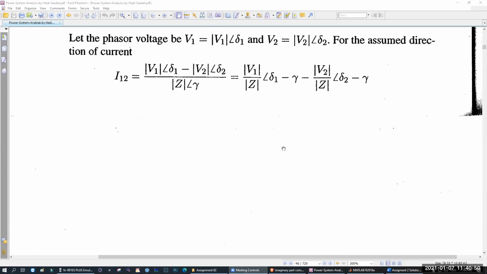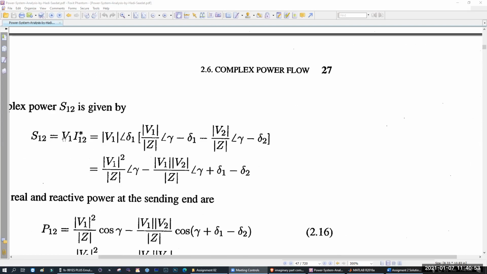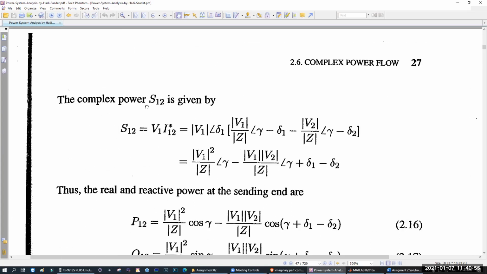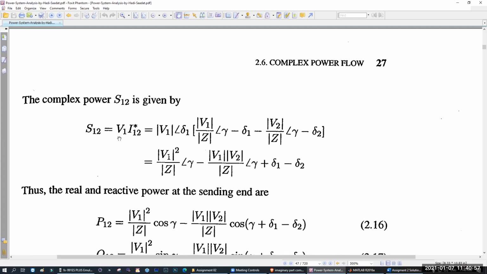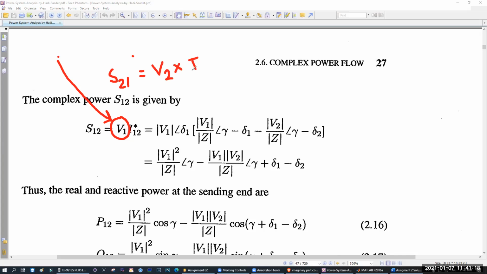Yes, sir. This one we can call the complex power S12, given by V1 into I12 conjugate. Why only V1? Because the power is flowing from 1 to 2. That's why only V1 will come here. If I write S21, then we have to write V2 into I21 conjugate.